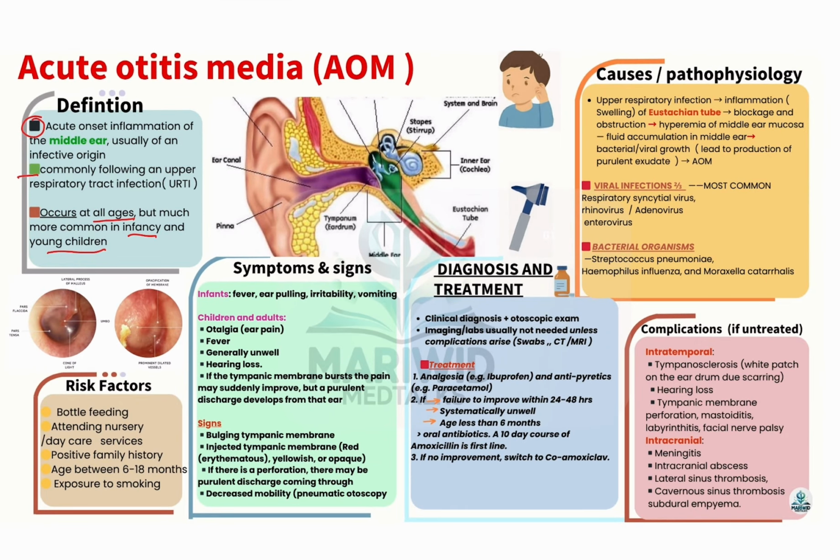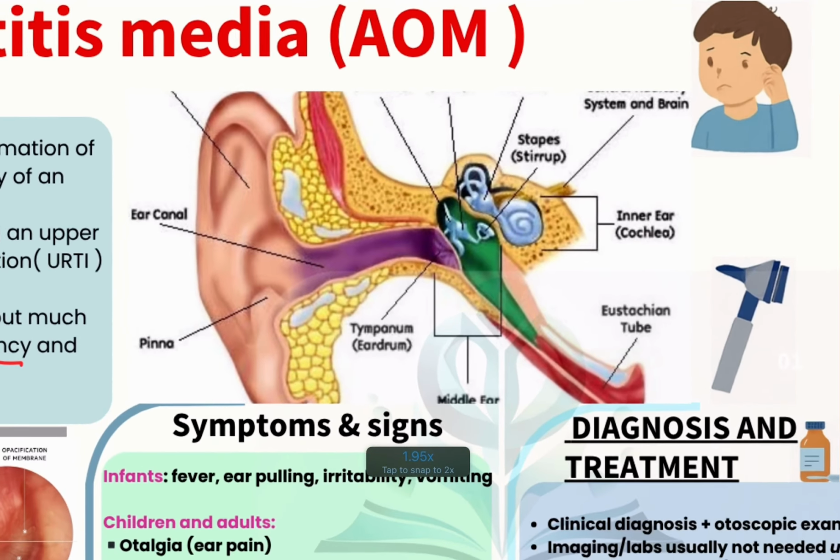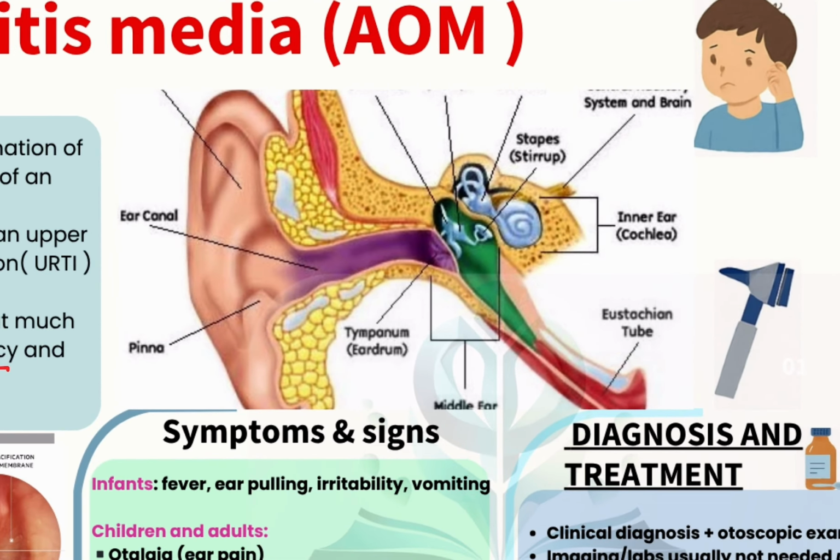Let's first take a moment to review the anatomy of the ear and the middle ear before proceeding to the causes and pathophysiology. Here is the diagram for the anatomy of the ear. We have three parts of the ear: the external ear, the middle ear, and the internal ear.